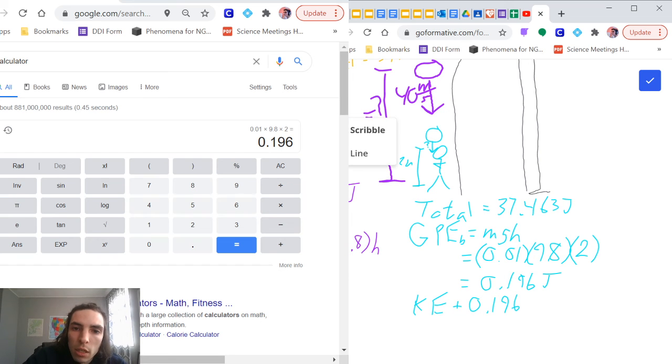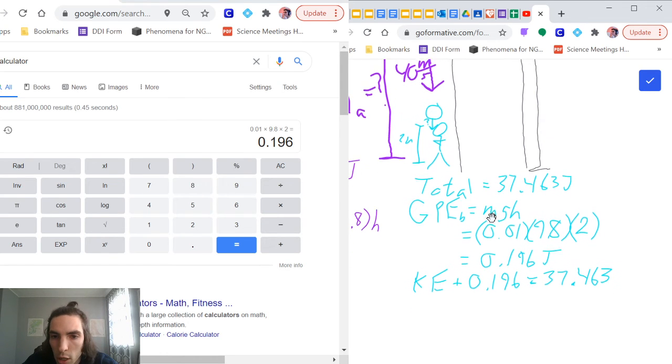So this is where we apply that idea of conservation, when we say that these two energies have to still add up to that same total if energy is conserved within this system, if this is a closed system.